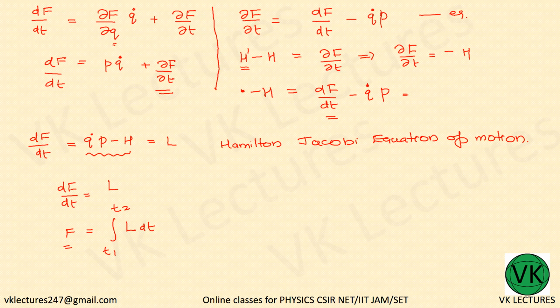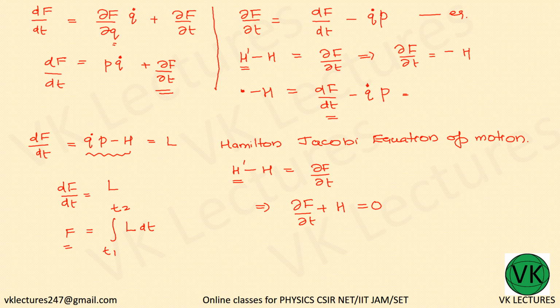Now h dash minus h is equal to dou f by dou t. Now this implies h dash is equal to 0, so dou f by dou t. Bringing this h to the right, we have dou f by dou t plus h is equal to 0.